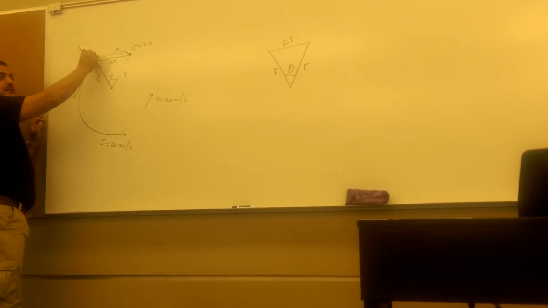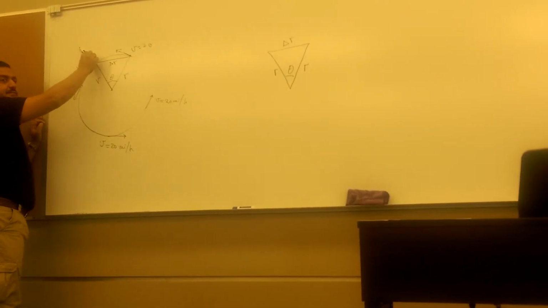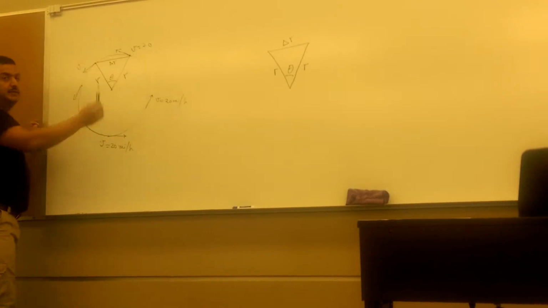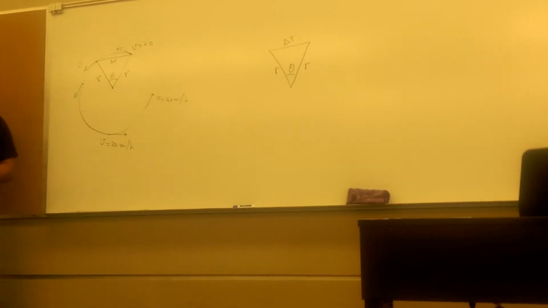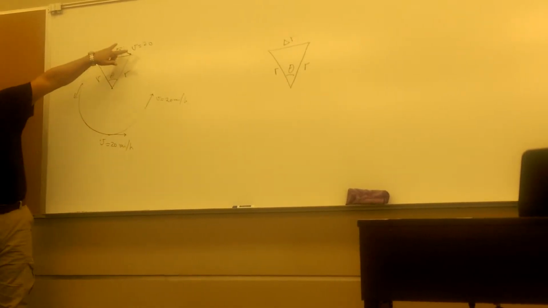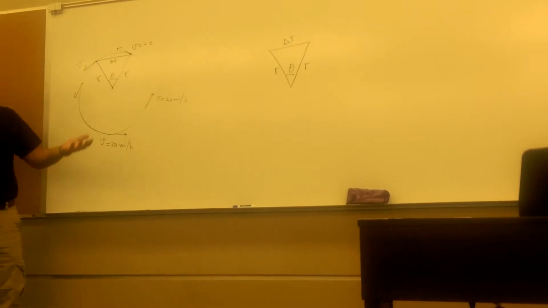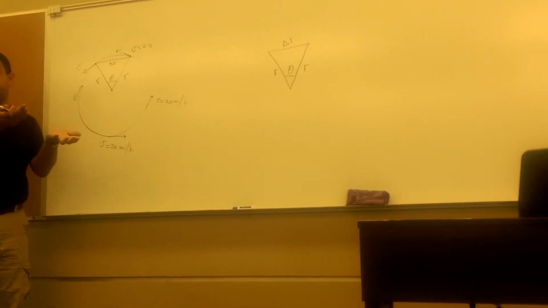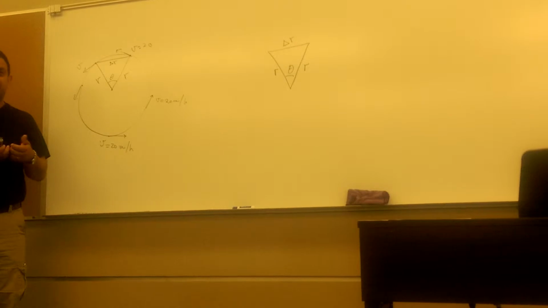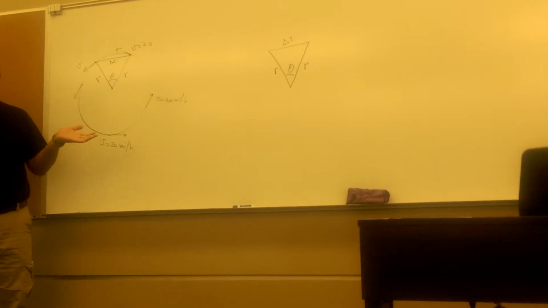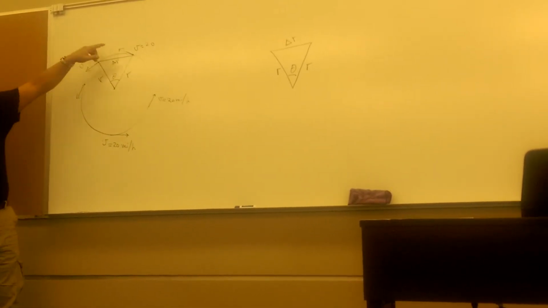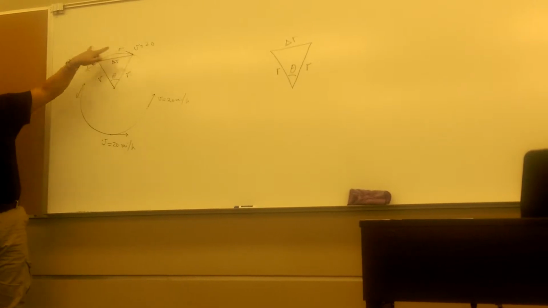Yes. Why can I do that? Because as long as I keep the same length and same angle, I could draw it on a board, I could draw it in your notebook. It's the same vector. Do we agree? It doesn't matter where you draw it, as long as you keep the same length and same angle.